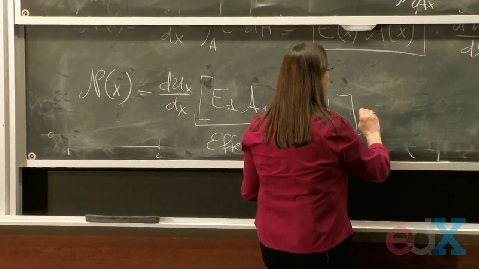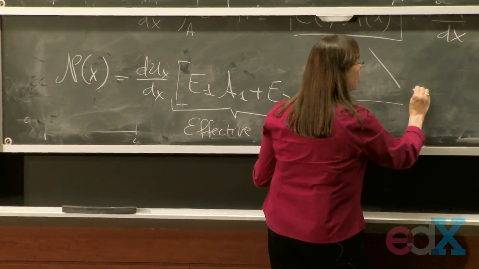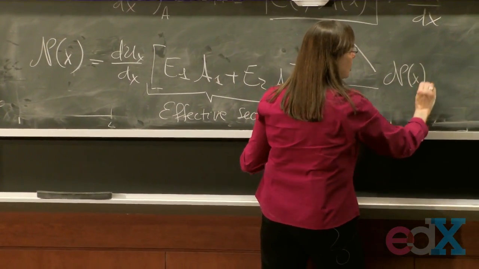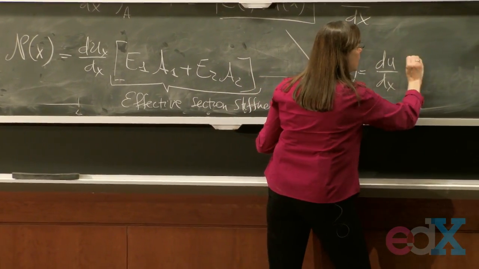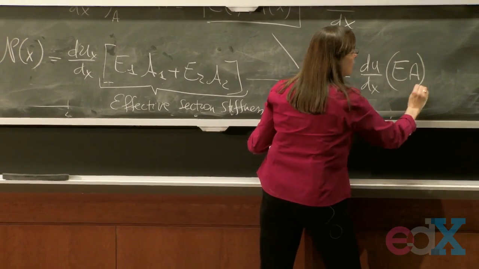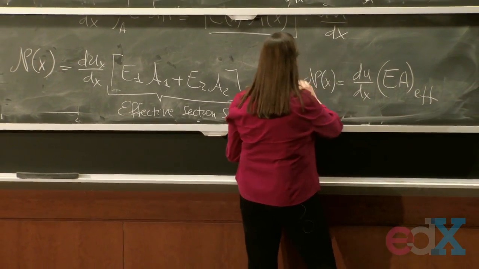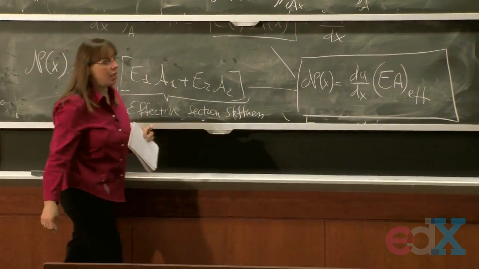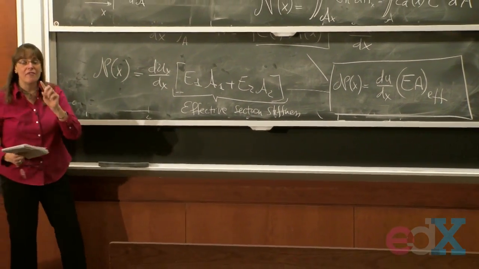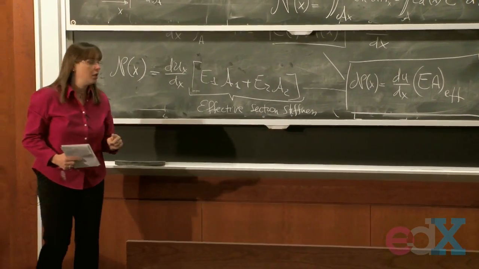So this relationship, both this and this, you can write as N of x is equal to du/dx times EA effective. So that is the most important equation in axial loading, the very important equation in axial loading.